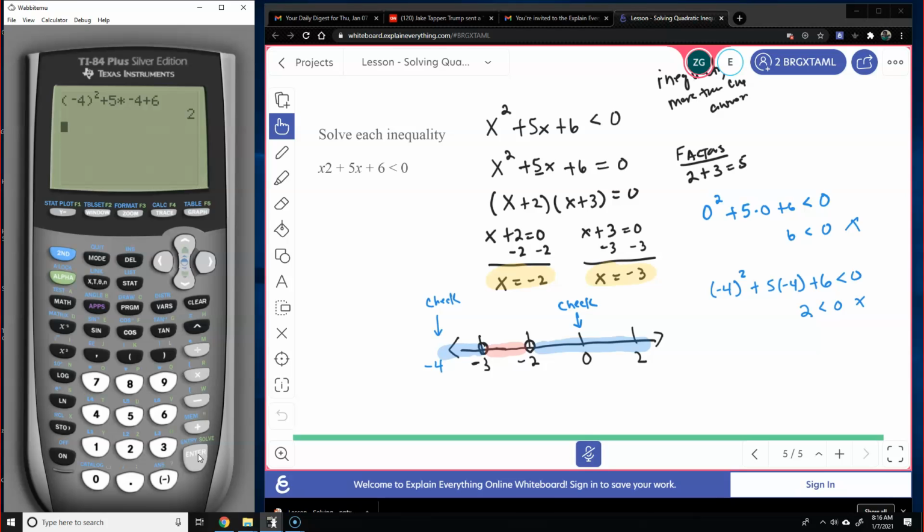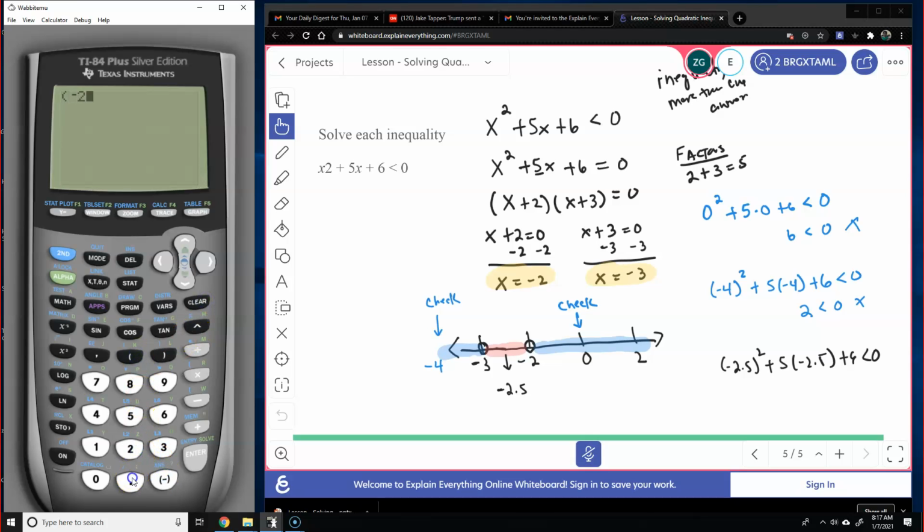So let's pick a number that is between that. We'll check -2.5, because we know that -2.5 falls in between the two. So we have -2.5 squared plus 5 times -2.5 plus 6, and we're going to check if that's less than 0.